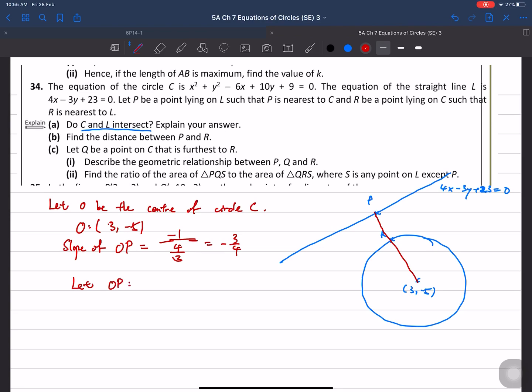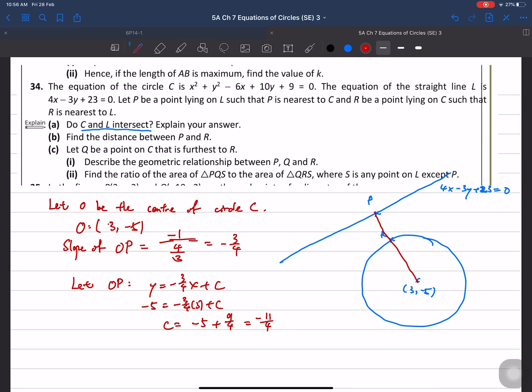After that, let OP be y equals negative 3 over 4 x plus c. So negative 5 is equal to negative 3 over 4 times 3 plus c. You can find the value of c. The constant term is negative 5 plus 9 over 4, which is negative 11 over 4.